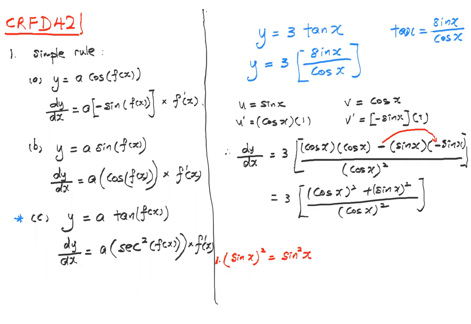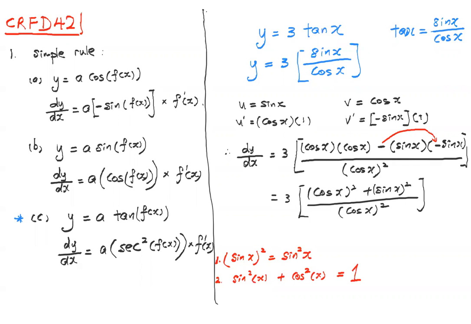Number 2, sin square of any angle. The angle can be x, the angle can be 2x, angle can be 3x, plus cos square of the same angle. The value is always equal to 1.